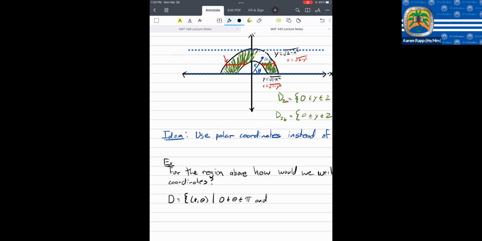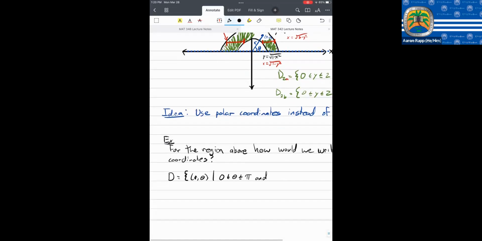And then what about the radiuses? Well, I've got to think about, okay, what's the largest radius? What's the largest distance that I get from the origin? And what's the smallest distance that I get from the origin? Well, I get that from looking at the functions themselves. You already told me these two functions are creating what shapes? Semicircles. It's just the upper half of some circle.